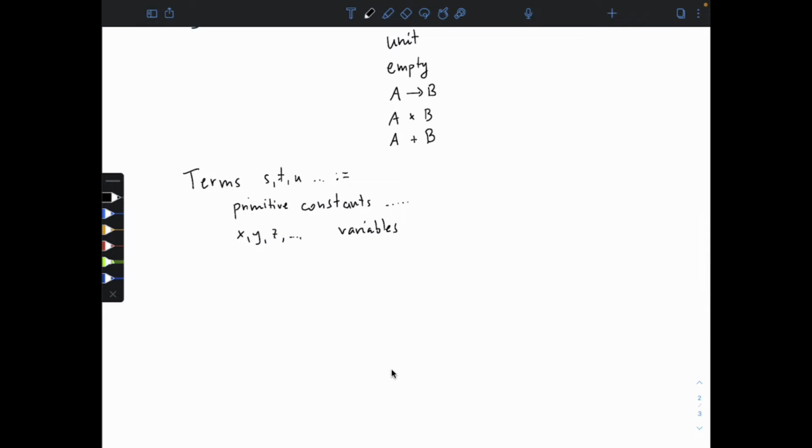Okay, and now we look at these types and say, how do you make a term? What do we do with unit? There's going to be unit, which I'll write like this. There's no eliminator for unit.